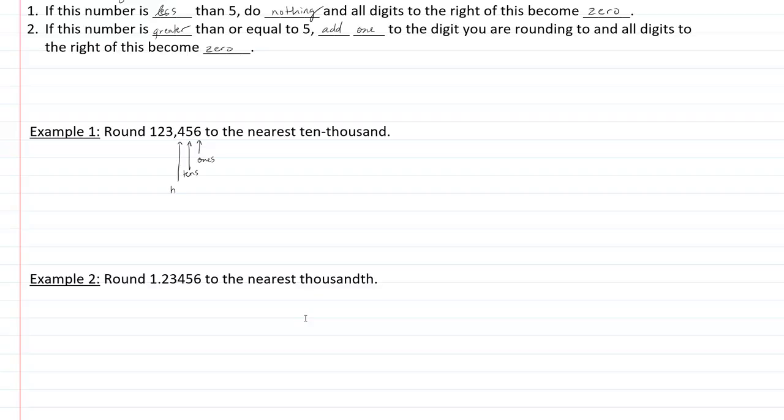This is the hundreds place. This is the thousands place. This is the 10,000s place. And finally, this is the 100,000s place.